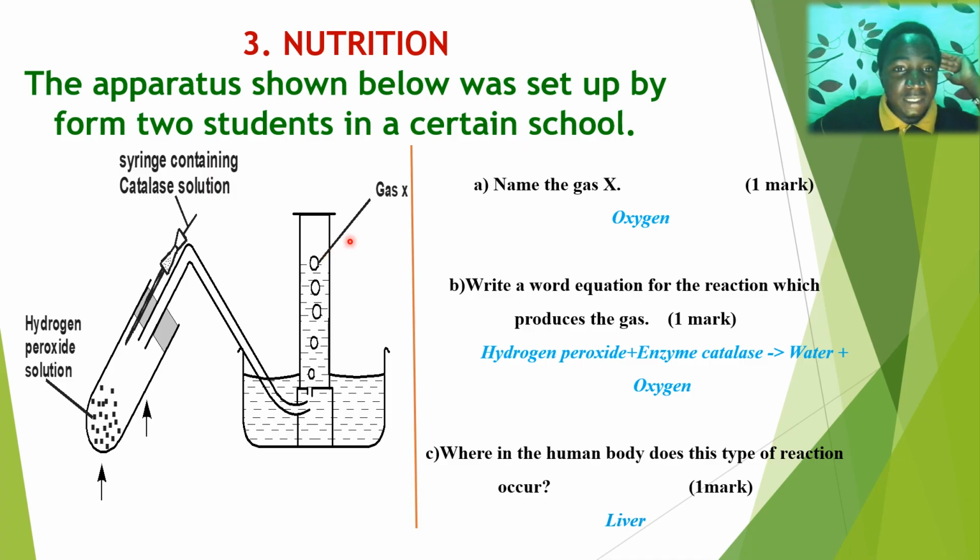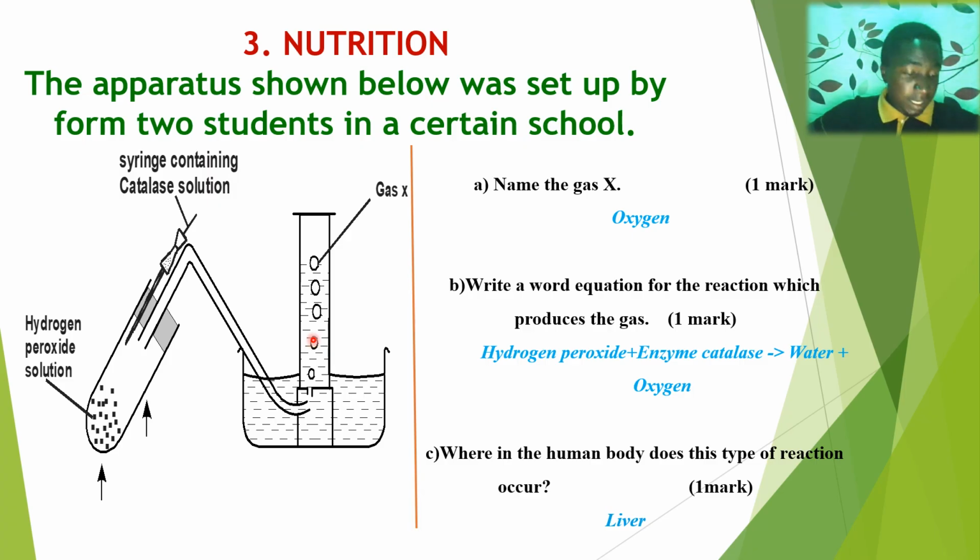Then we can see we have gas X being produced after some reaction here. Then we have hydrogen peroxide solution, which is coming to react with a solution being added. So we have a gas being produced, and we can see the method of collection of the gas. Even how this gas is being collected can give you an idea of which gas it is, because we know this gas could possibly be oxygen.